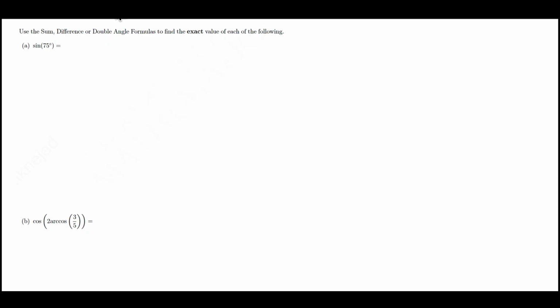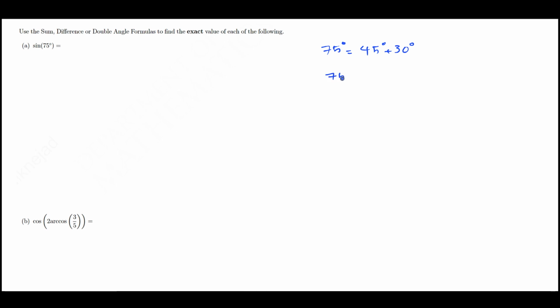The first problem is asking: use the sum, difference, or double angle formulas to find the exact value of each of the following. There are a bunch of ways that you can find the sine of 75 degrees. Remember, 75 degrees is equal to two known angles, 45 and 30 degrees.